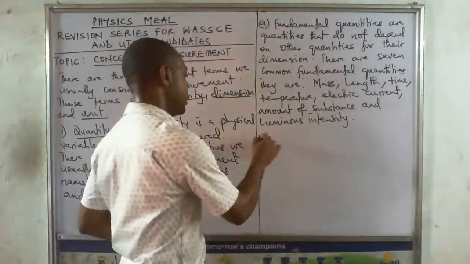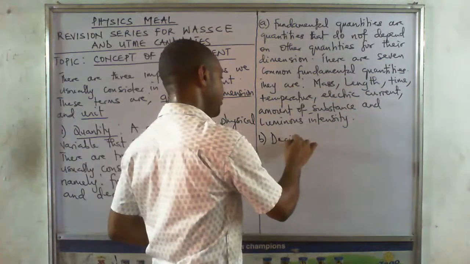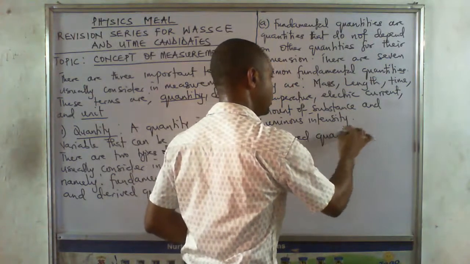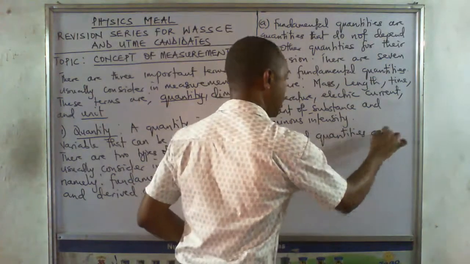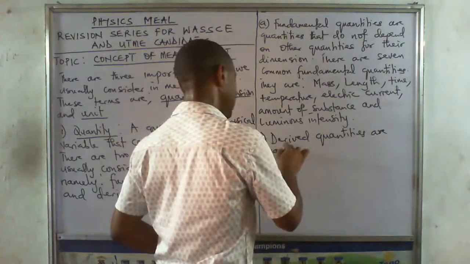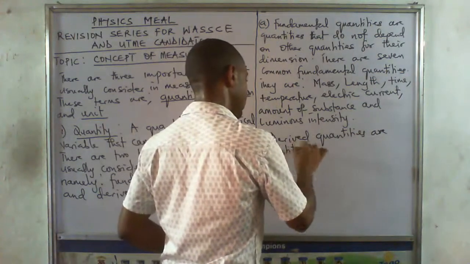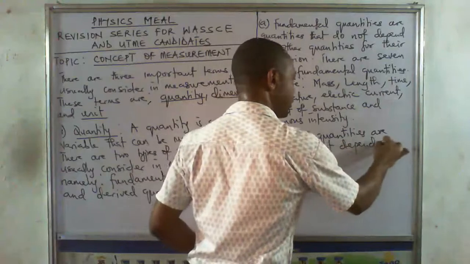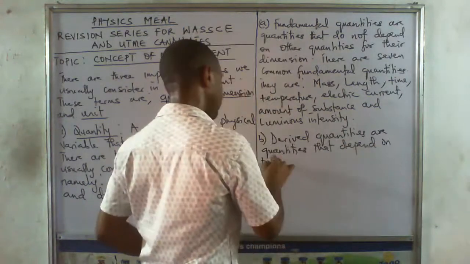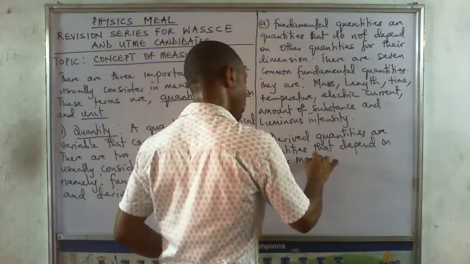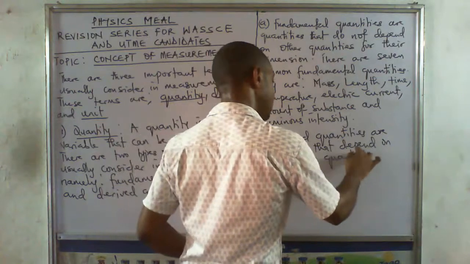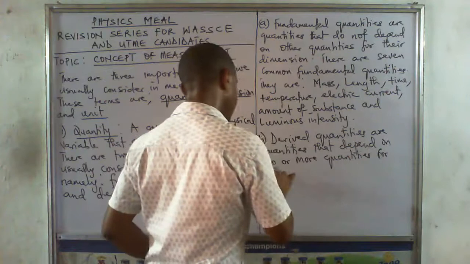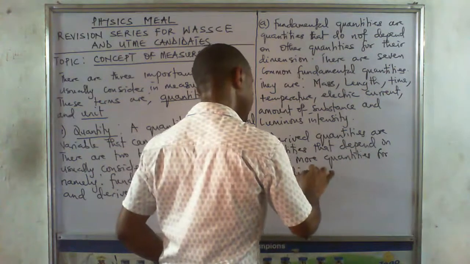Then on the other hand, derived quantities are quantities that depend on two or more quantities for their dimension.